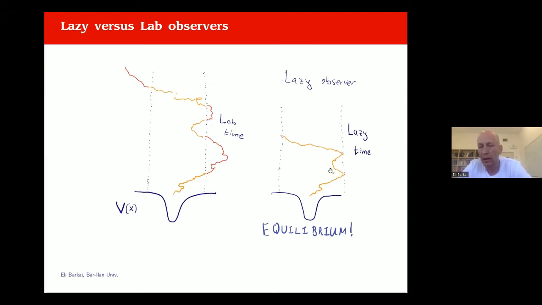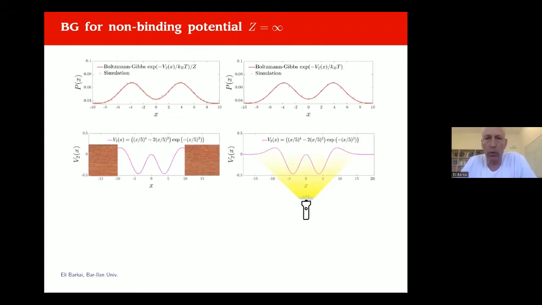So the particle here for the lazy observer is like a system in equilibrium with reflecting boundary conditions, even though the real system is kind of infinite and there's no normalization. And you can imagine that here, inside here, you will have some Boltzmann equilibrium notion. If you don't believe me, you can do simple simulations, before we do the theory.